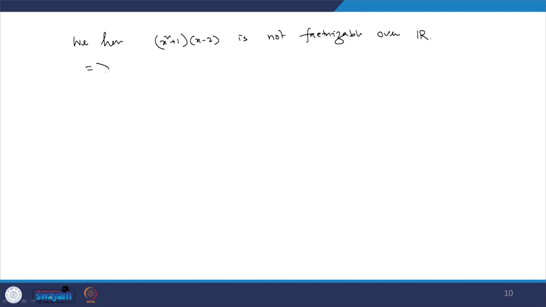Since we are not able to factorize over the real line, we only get x equal to 2.